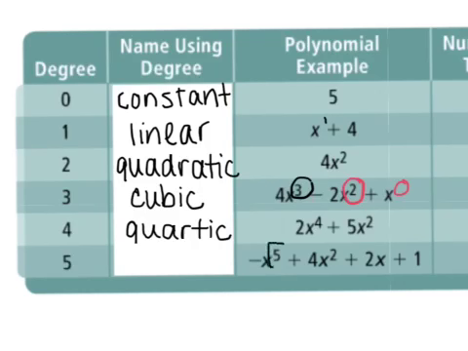The only exponent we pay attention to is the highest exponent. Anybody want to try 5? Think about babies. Think about 5 babies. Lilia? Yeah, it's quintic.